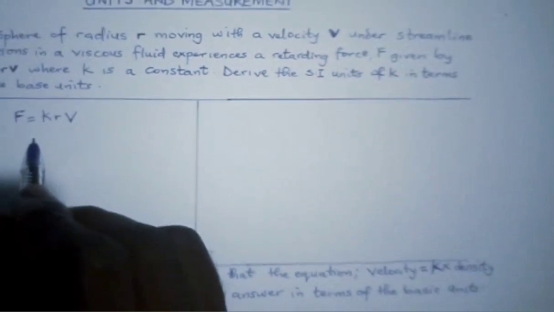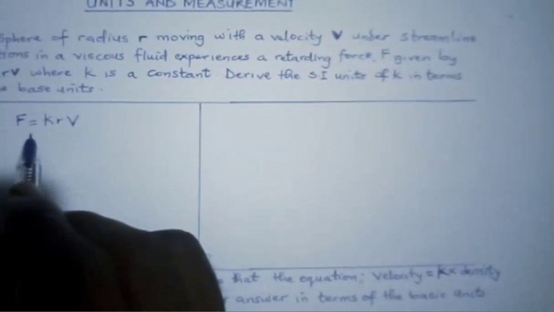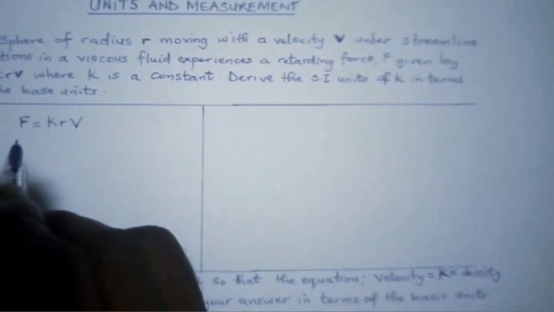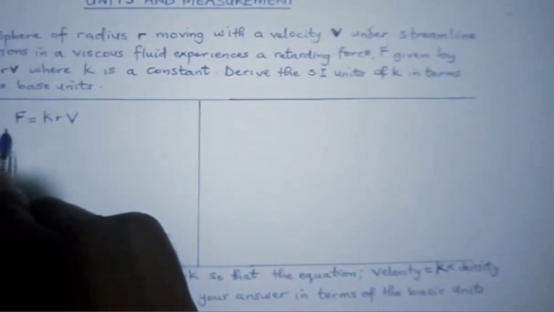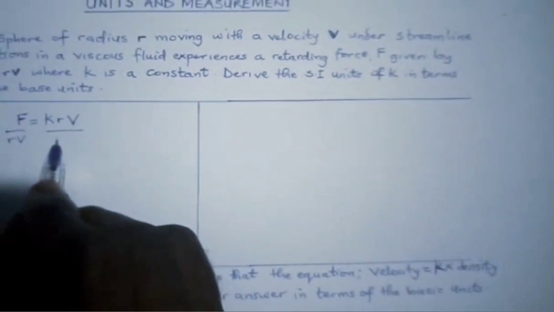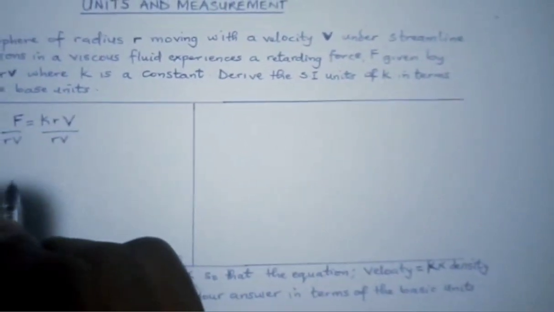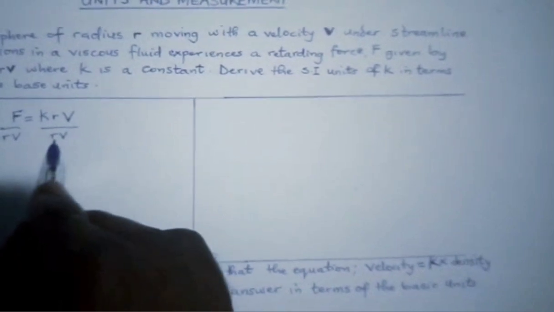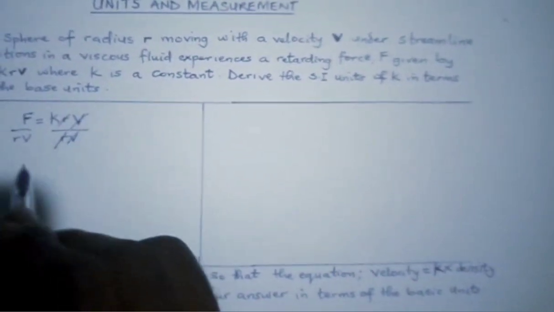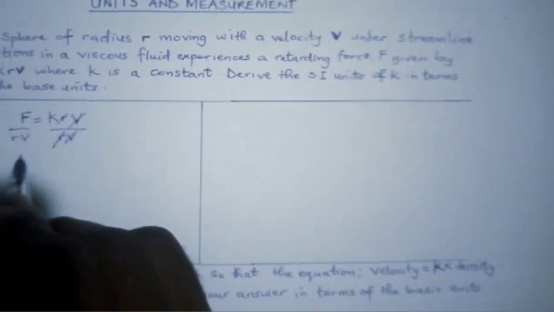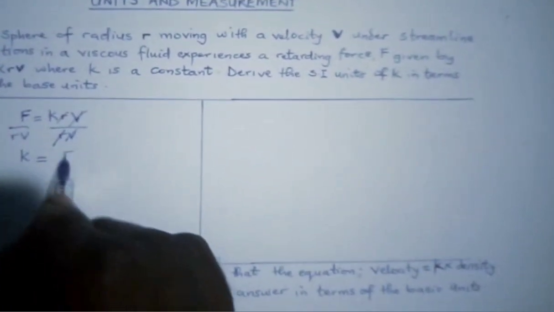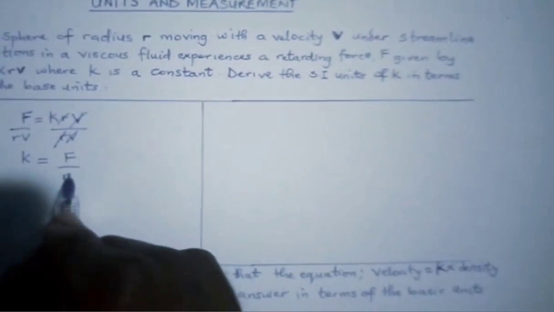The coefficient of K refers to every other element beside K, which is RV. So you divide both sides by RV. Alright, so R will cancel R, V will cancel V. Then you are left with K is equals to F over RV.